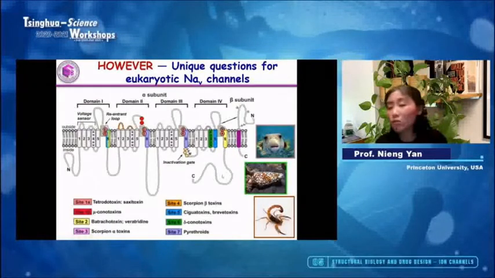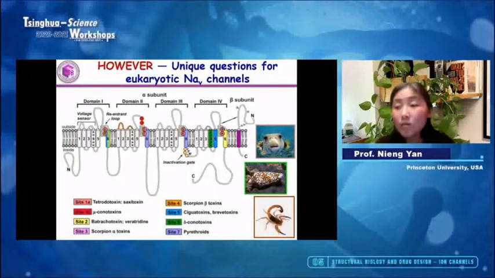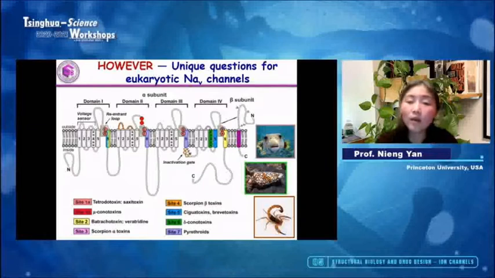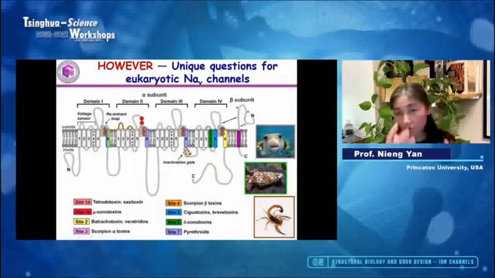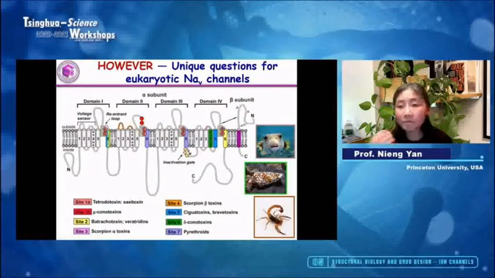And this slide may be interesting to David, right? Because you study a lot of toxins, and sodium channels are actually the primary targets for many natural toxins from animal venom. And in fact, before the structure was available, 7 sites for different types of toxins, either small molecules or peptide toxins, have been identified and mapped to the primary sequence.